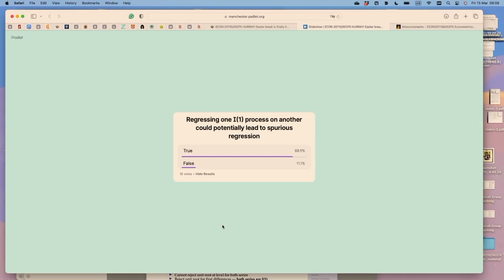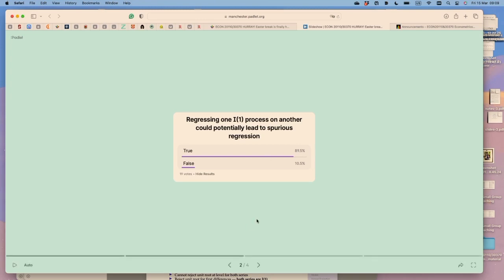And to check whether that is indeed a spurious one or not, one could either run the regression on first difference, or simply add a lag-dependent variable onto the right-hand side of the equation, okay? If the result changes significantly, such that previously it was statistically significant, and then in the first difference equation or in the equation where you included the lag-dependent variable, it becomes insignificant, that's signaling that you might have encountered a spurious regression originally, okay?